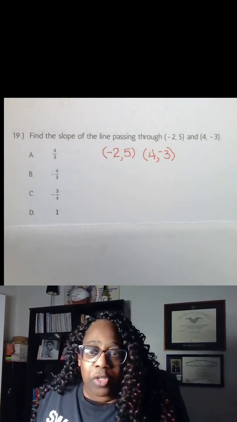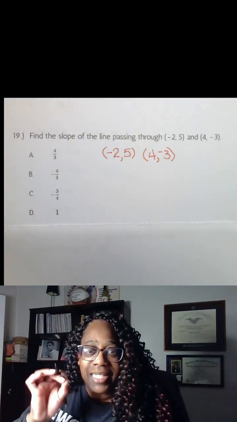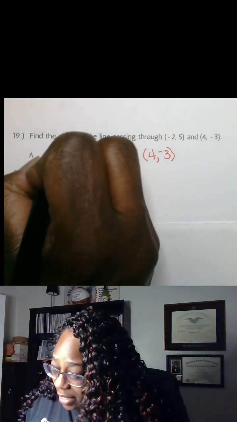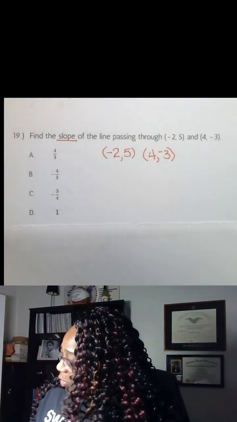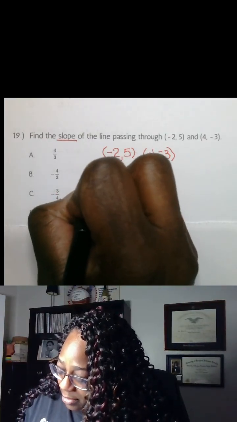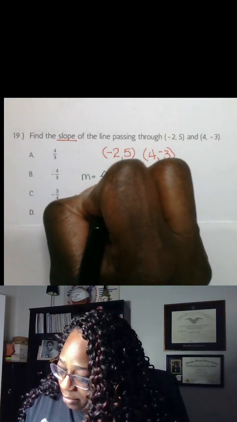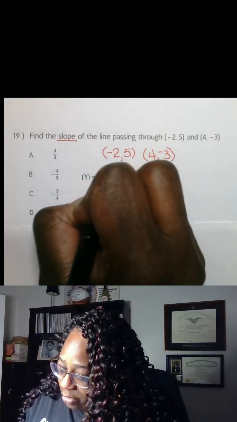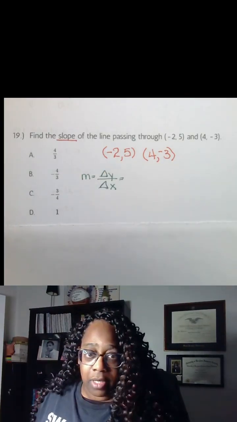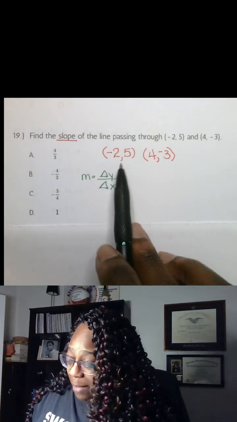There we go. So, let's take a look. We don't need to complicate this. All we need is the slope. So, the formula for slope is as such. It's basically the change of y's over the change of x. All right, so this is what's happening.